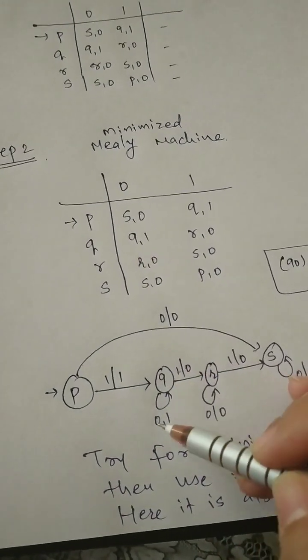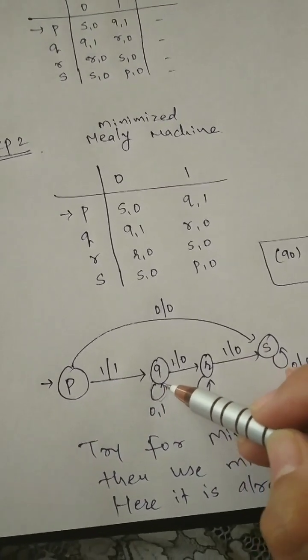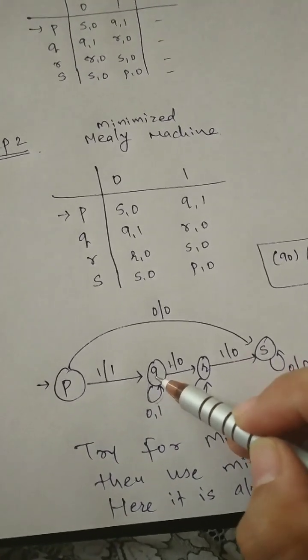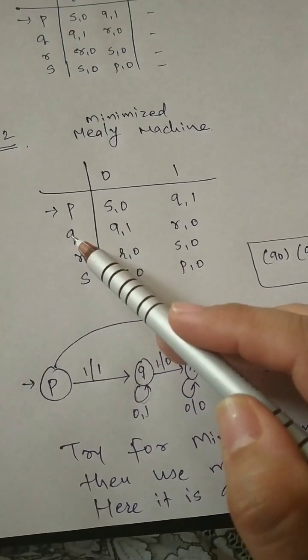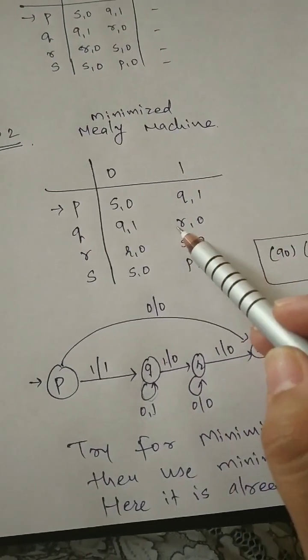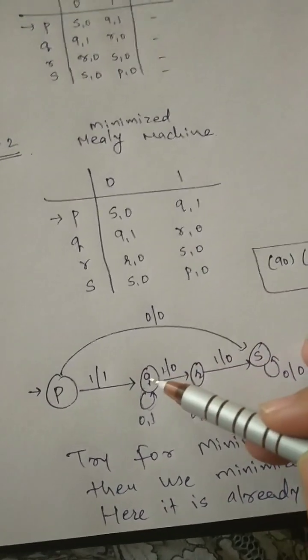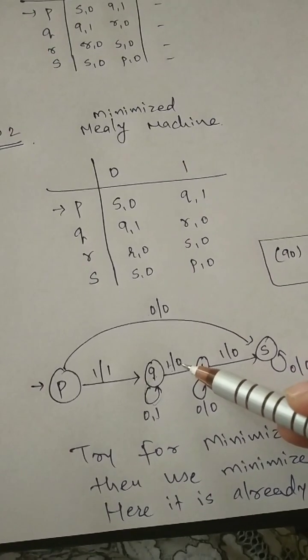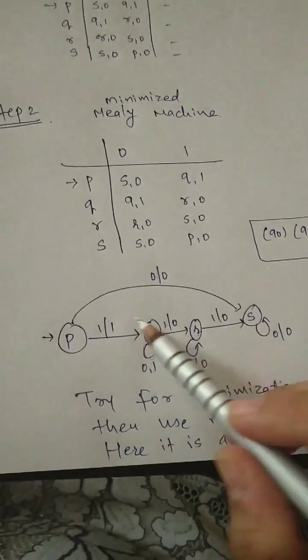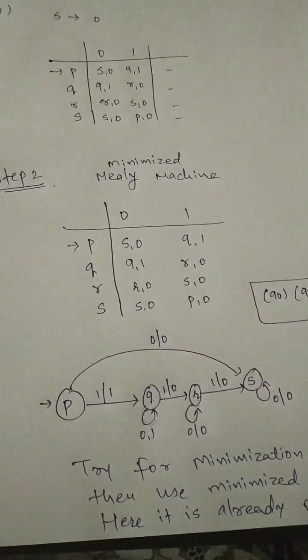If you are in Q, and the input symbol is 1, you will be in state R with output 0, and like this we will generate. So this is the final Mealy machine for the given Mealy machine.